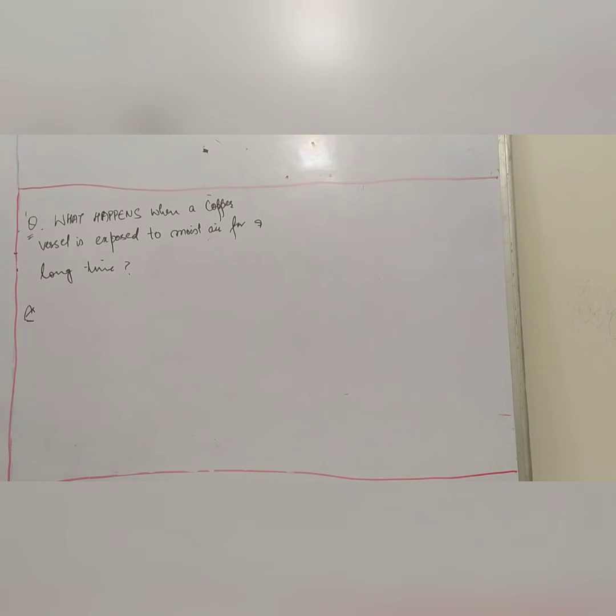So students, we know that when a copper vessel is exposed to moist air for a long time, it develops a green layer on its surface.